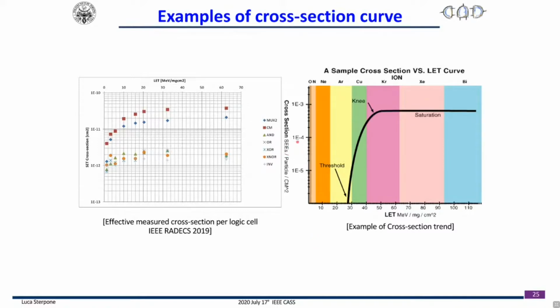It can be measured by means of radiation tests, and you will actually have a result in terms of cross-section. So it is somehow connected to the probability that your device is going to have a failure. This is measured with respect to the energy. So you always need to consider the energy. Why do we need to refer to energy? Because the energy is related to the space environment in which we are going to use our FPGA.